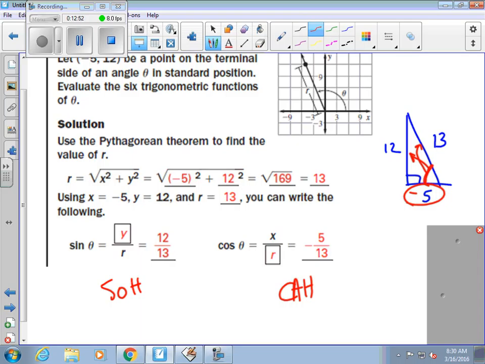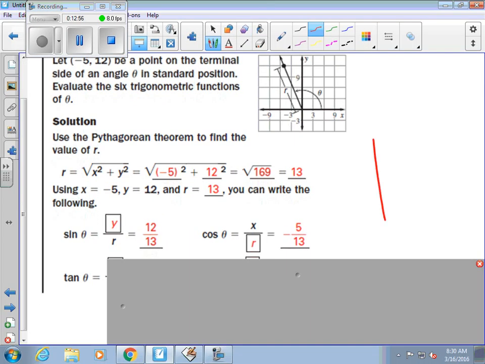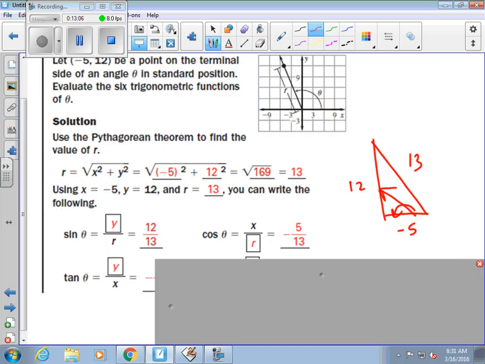The next one's your tangent, TOA. Same triangle, we got -5 down here, 12 and 13. Tangent is your opposite over your adjacent. So y over x is 12 over -5, which is -12 over 5. Cosecant pairs with sine. It's just the inverse.